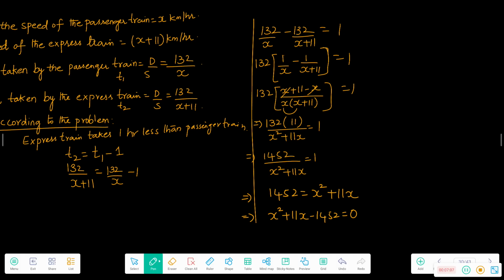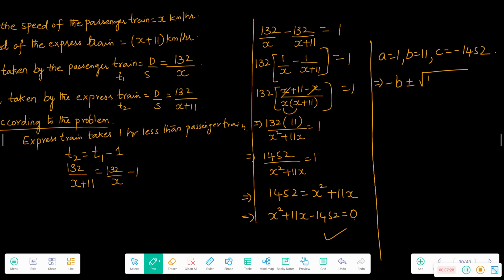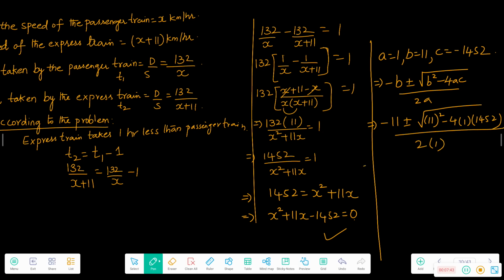Now this is the quadratic equation. When we solve this, a is equal to 1, b is equal to 11 and c is equal to minus 1452. We need to find the roots. We can find them as minus b plus or minus under root of b square minus 4ac by 2a. So minus 11 plus or minus under root of 11 square minus 4 into 1 into minus 1452, divided by 2 times 1.